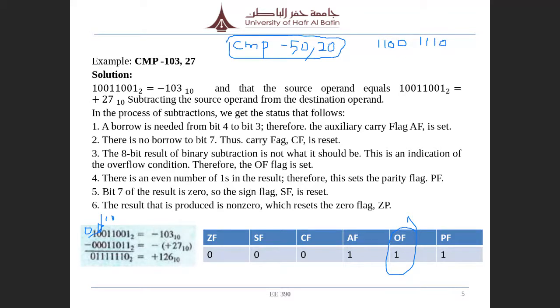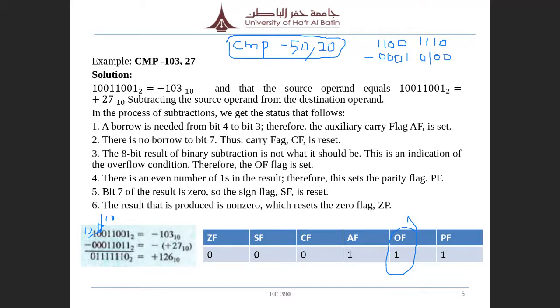This is minus 50, and then what is plus 20? Plus 20 is 0 0 0 1 0 1 0 0.